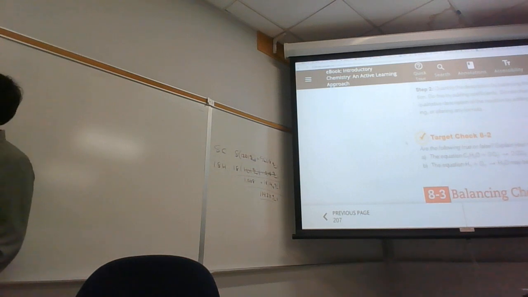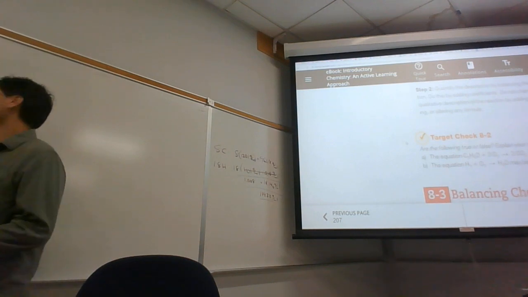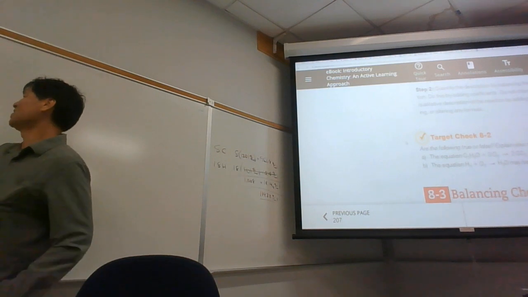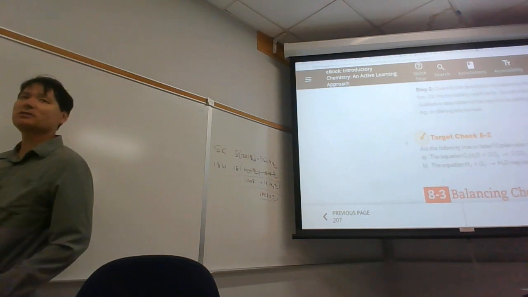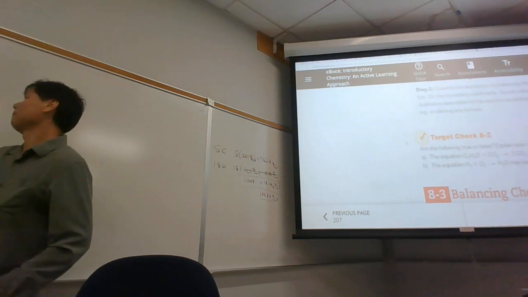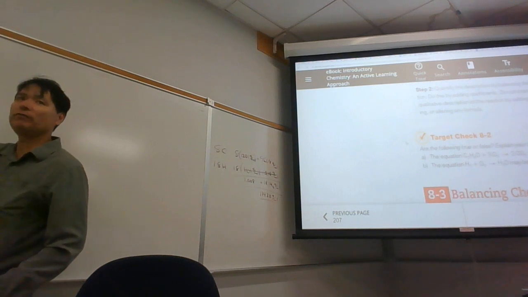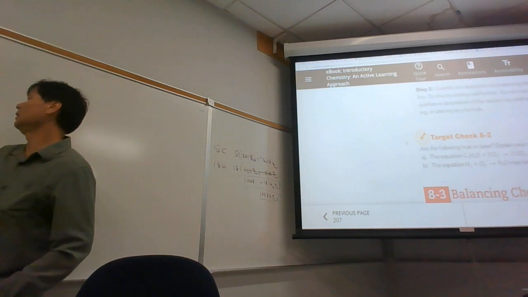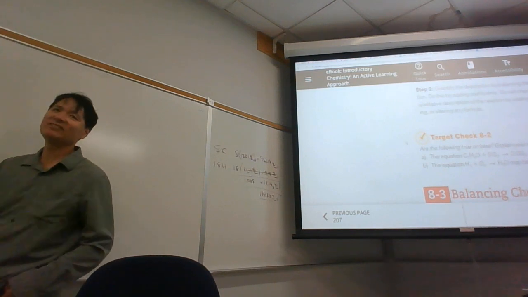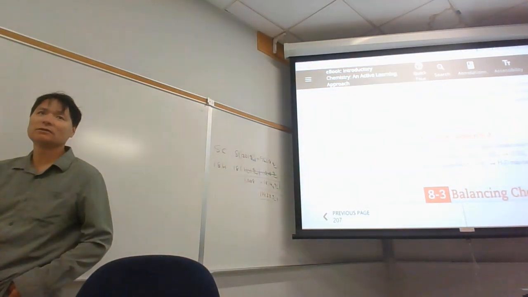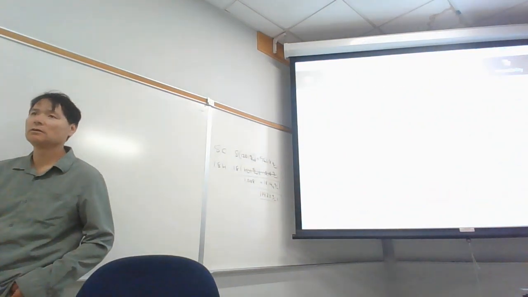When I start something like this, I'm going to leave oxygen for last. And so I'll just start off with carbon. How many carbons here on the reactant side? 2. Can I change the subscript without changing the compound? Is this still carbon dioxide? No. And so I need to change what we call the coefficient. Now how many carbons do I have? If I have 2 CO2s, I'm going to have 2 carbons.